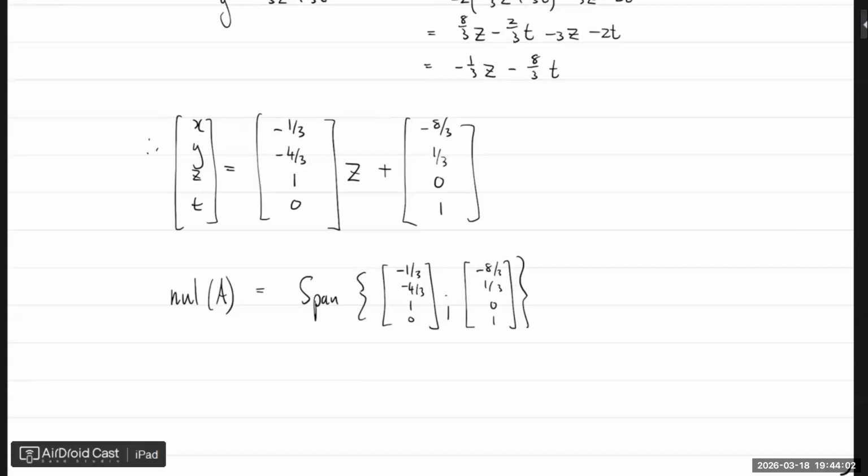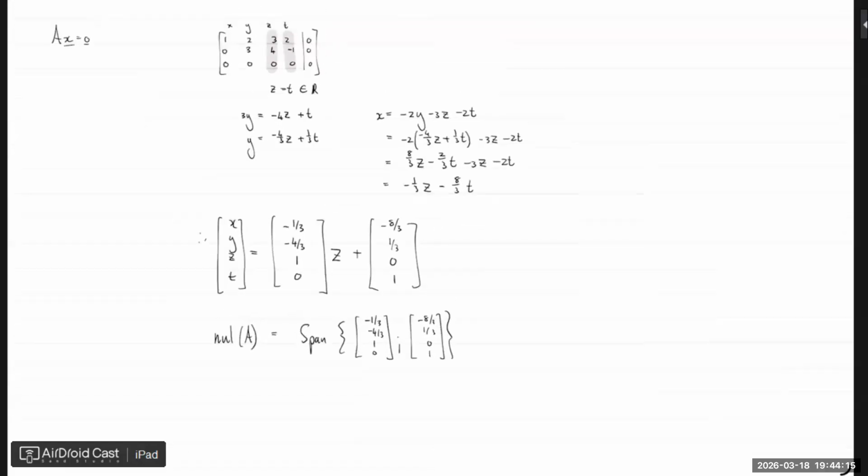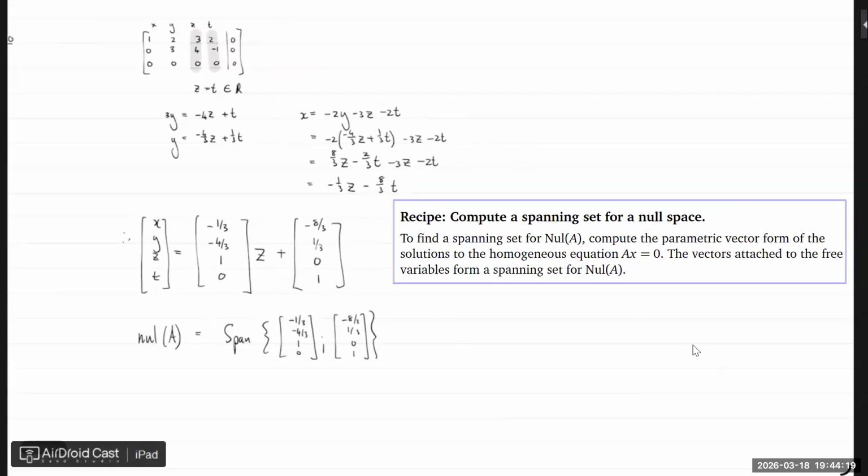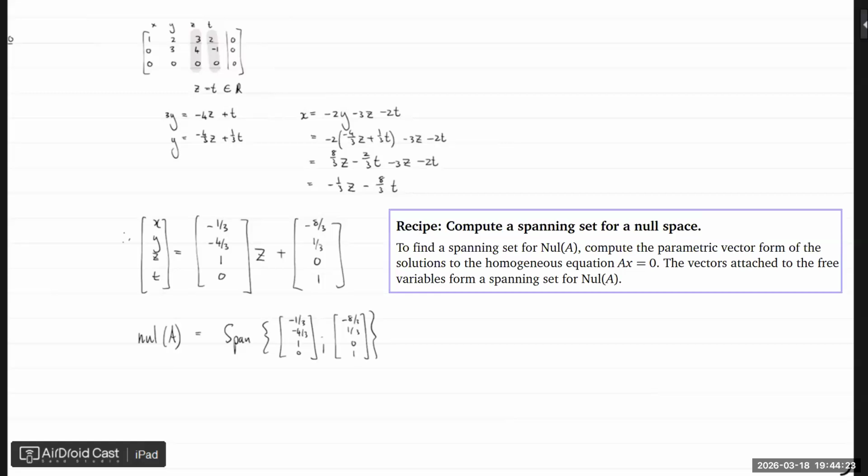That then is the null space of A. So can you see, for the null space of A, we actually need to do calculations. The column space was not that necessary to do a lot of calculations. It was just finding the pivot positions. So there again is the recipe for the null space.